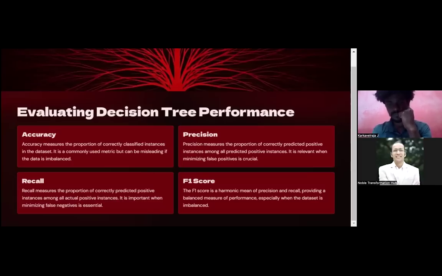F1 score again is the harmonic mean of precision and recall, a mean of both, providing a balanced measure of performance. The model should always be balanced, and only then will it generalize. F1 score does that.